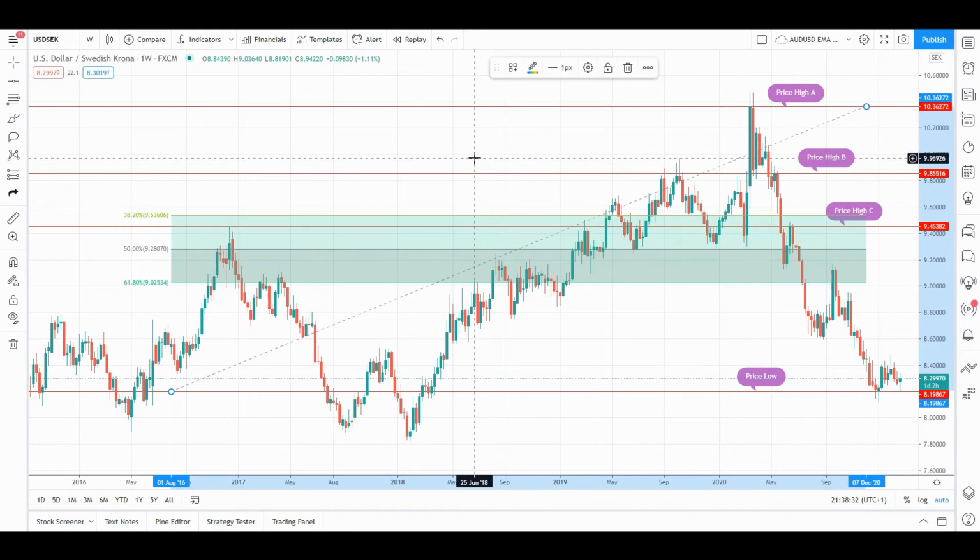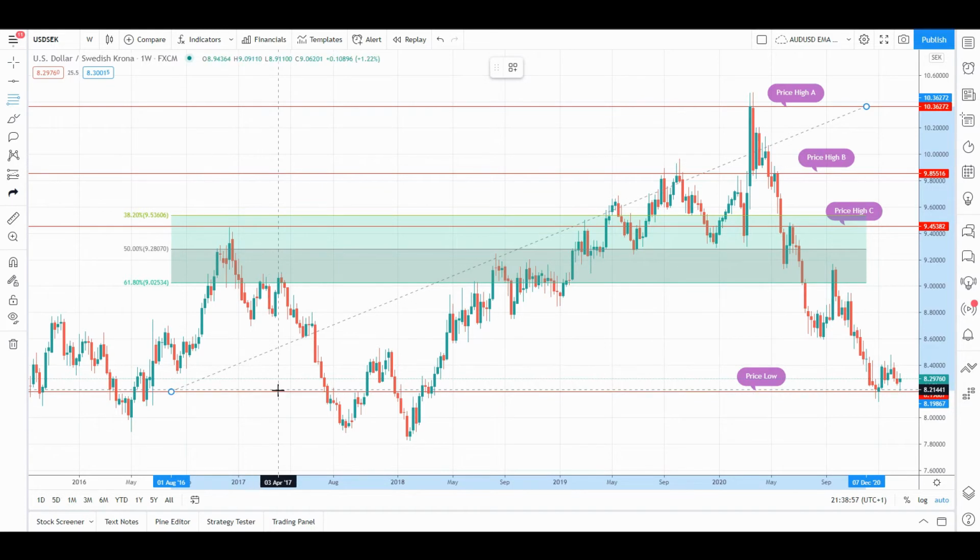Once you've drawn the first range from price low to price high, look at the Fibonacci ratios and expand them across the charts. Then look through to make sure that you have a confluence.